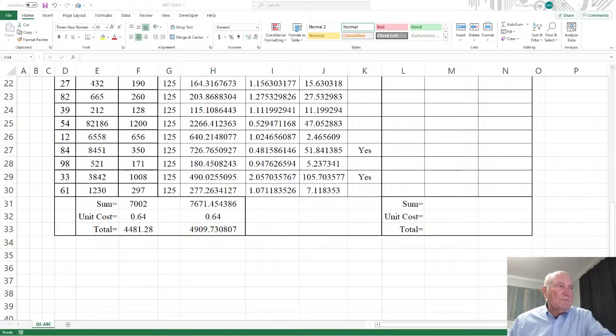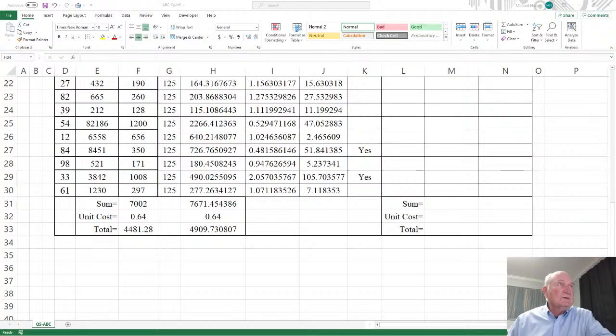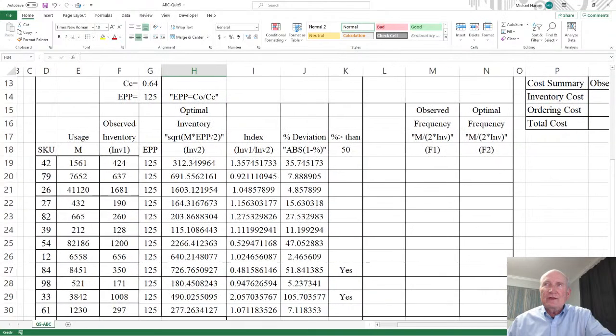Okay, so now we have these two costs. And so now let's, actually we can bring these up if we want to. I have this total cost over here.